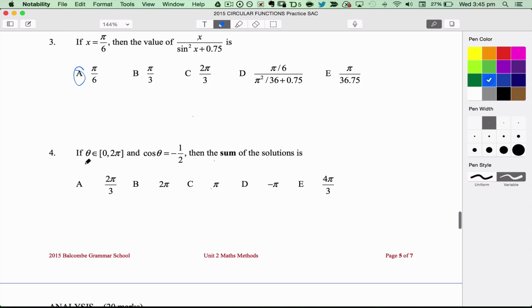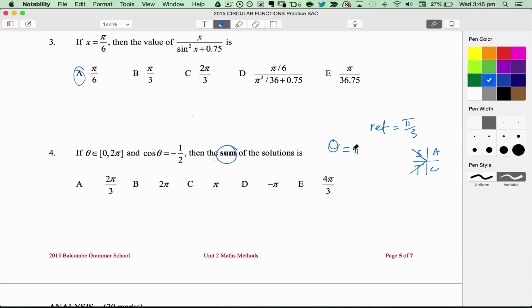Question 4. If theta is between 0 and 2 pi, cos theta equals negative a half, the sum of the solutions is, so you need to find the two solutions. Our reference angle is pi over 3, looking up cos a half in our table. Cos is negative here and here.